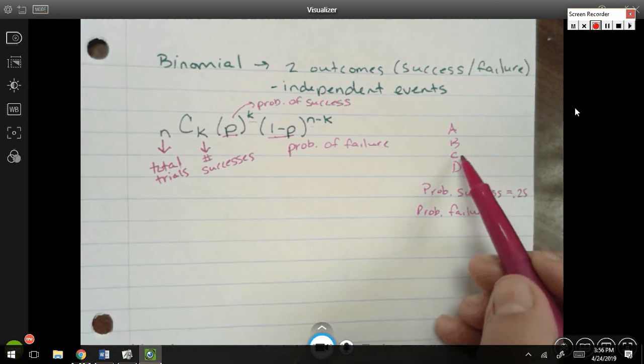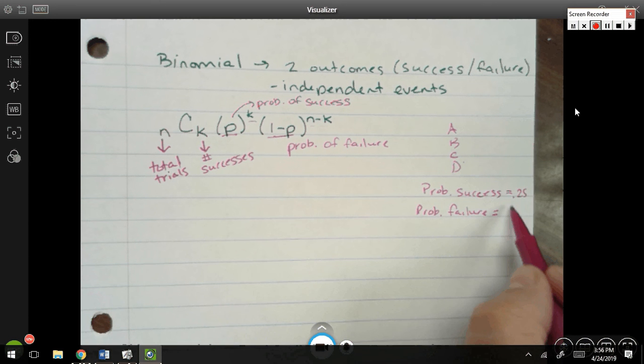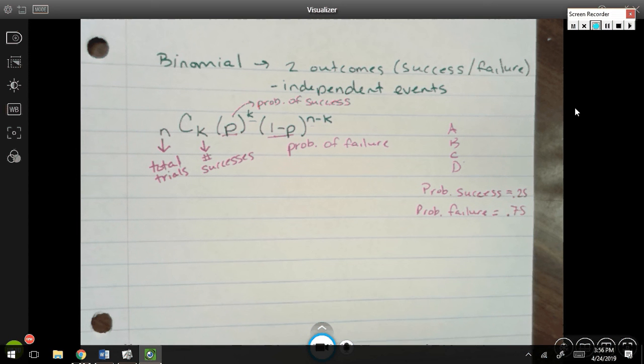Because there's 3 options left. So that is 1 minus the probability of success. So what I can do is use this kind of information and set up a whole binomial probability distribution, okay, based on certain scenarios.